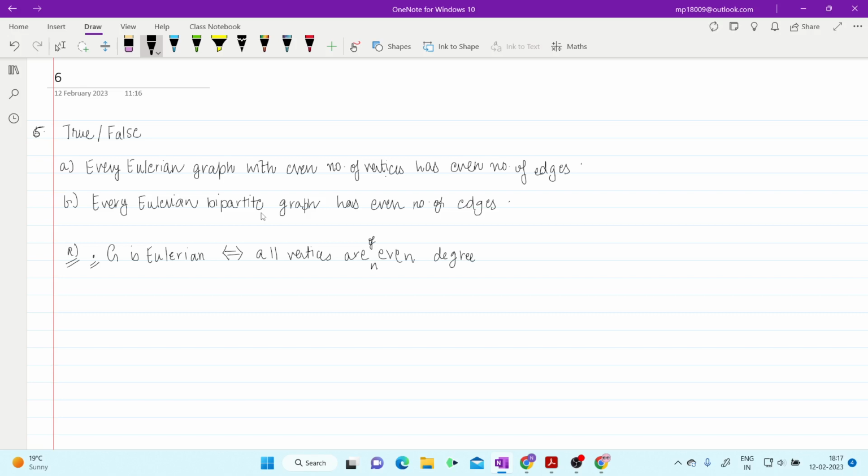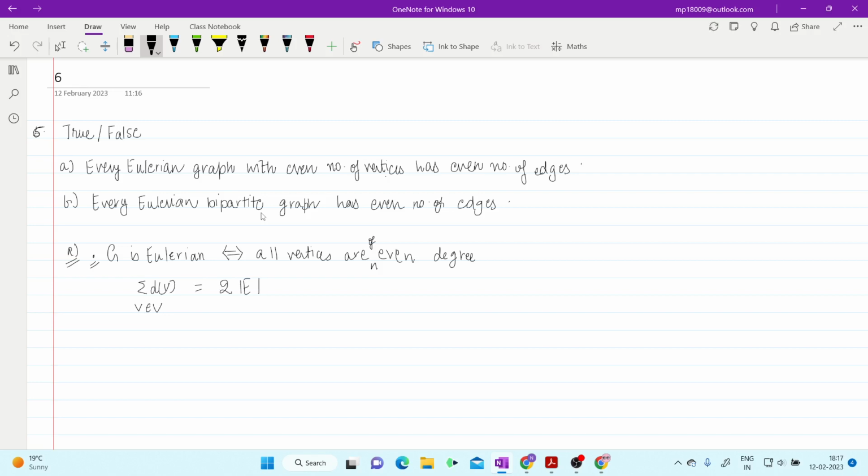Is there any relation between the degree of vertices and edges? Yes, the sum of all degrees is 2 times the edges.